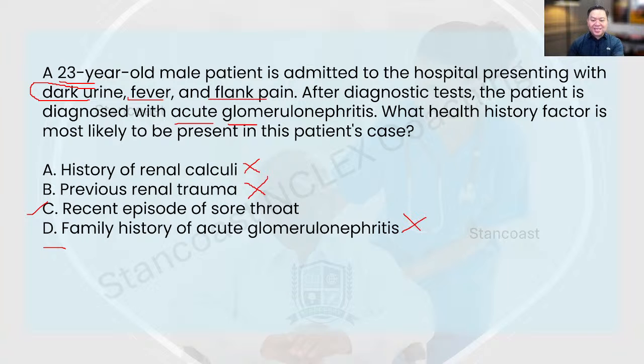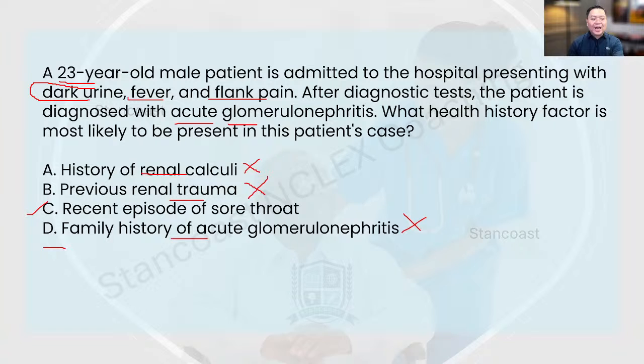Our test-taking skill here is to eliminate the distractors, those options that are not related to glomerulonephritis. We already know that renal calculi is not a risk, same thing with the renal trauma and also with letter D. They are unlikely to be associated with glomerulonephritis. So we only have one option that is quite a strong contender, right?